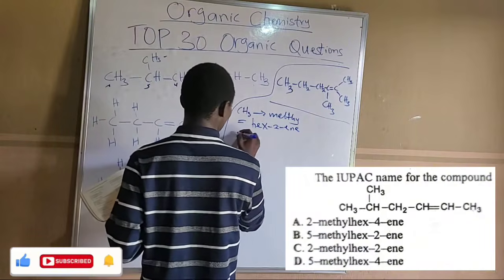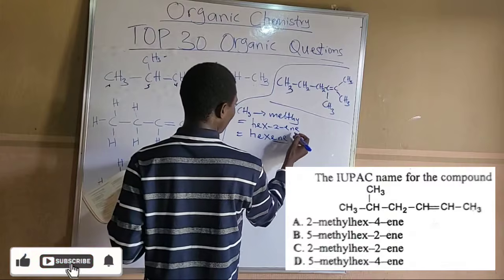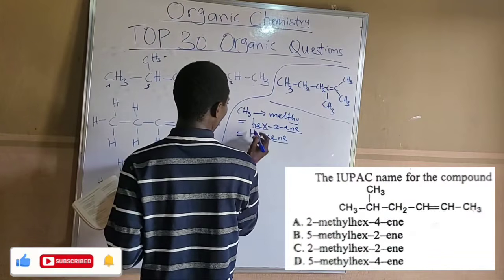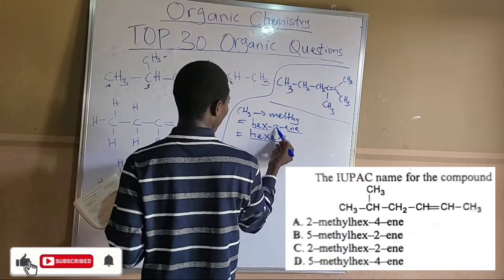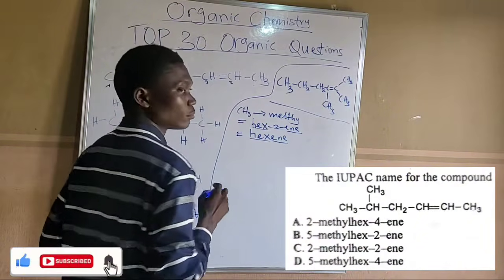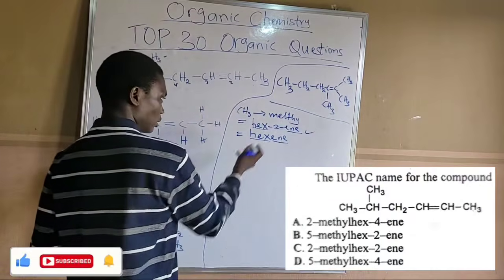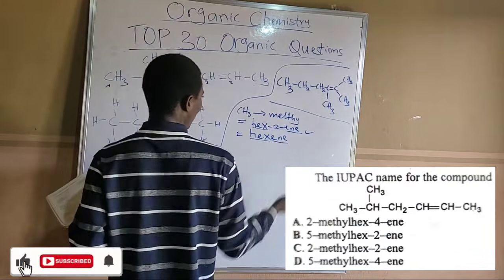Initially I wrote hexene, so we put this 2 here to tell us that the double bond is after the second carbon. So we'll be using this as our parent's name.